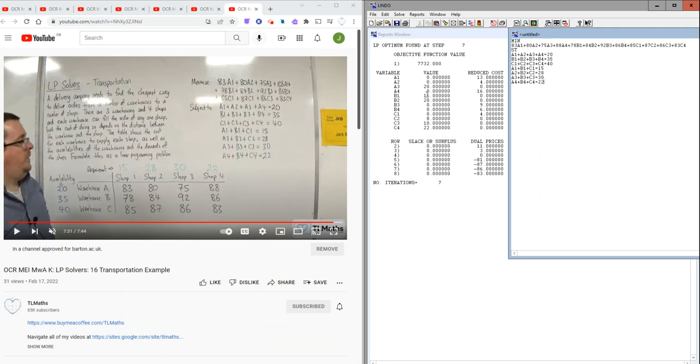Warehouse B should ship 15 to shop 1 and 20 to shop 2. Whereas warehouse C should ship 8 to shop 2, 10 to shop 3, 22 to shop 4.